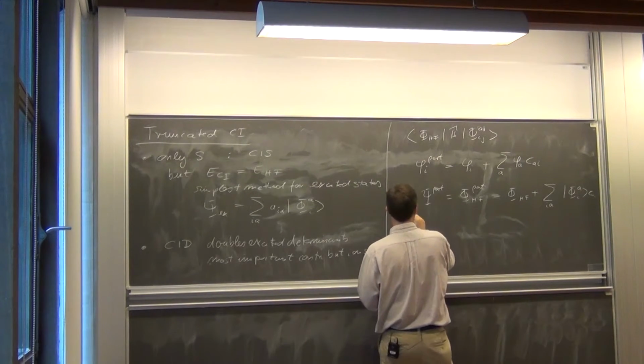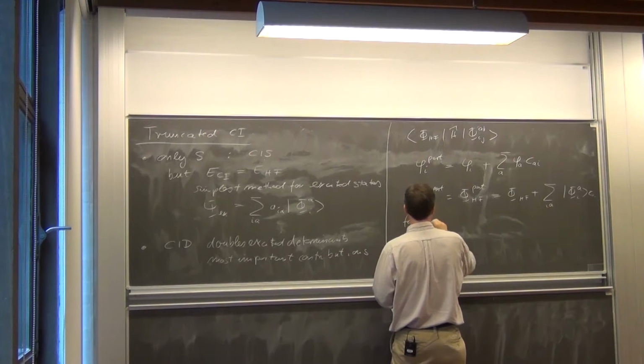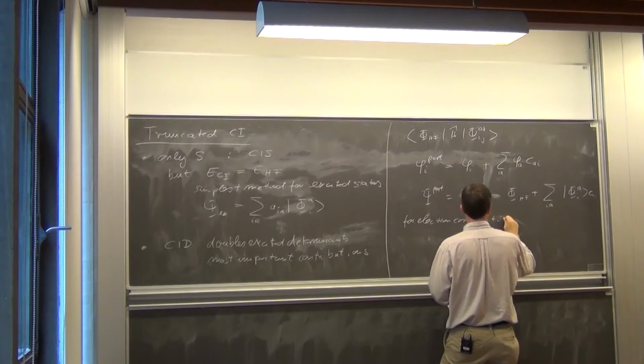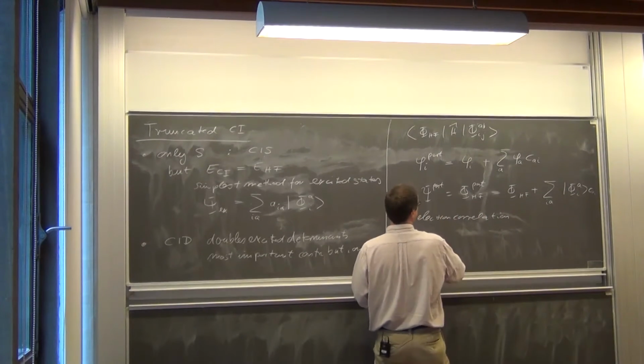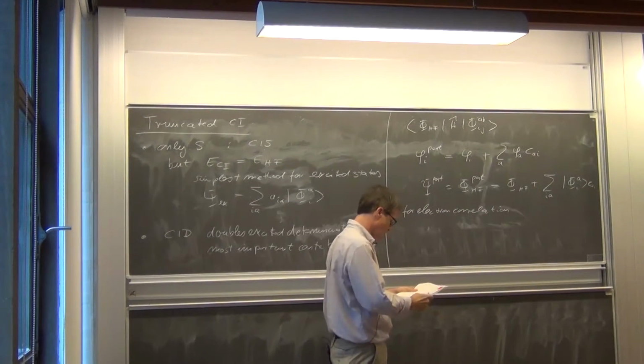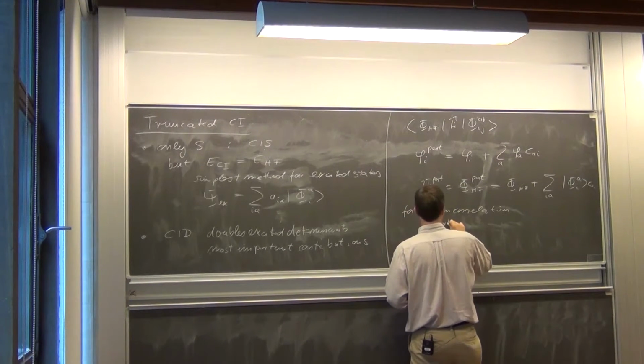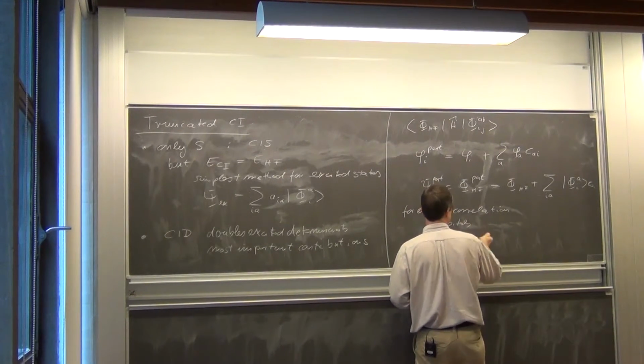So for the electron correlation problem, we have not only one orbital, but we actually have two orbitals perturbed.